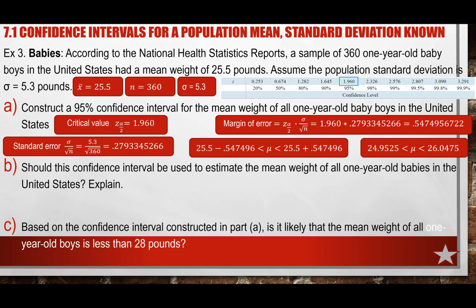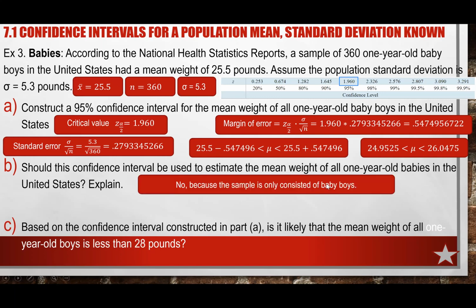Okay, so now B, they ask you this: should this confidence interval be used to estimate the mean weight of all 1 year old babies in the United States? Explain. Should we say that all 1 year old babies' mean weight will be between these two numbers? Hopefully you say no. Why no? Because again, what data do we have? The data we have here is just the baby boys, right? We cannot use the baby boys to estimate the baby girls, right?